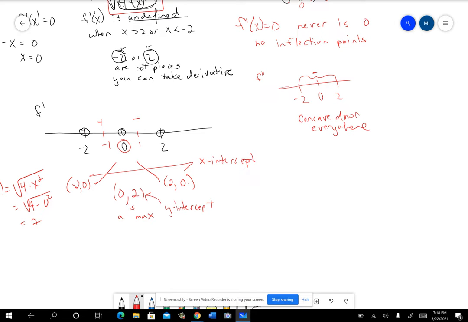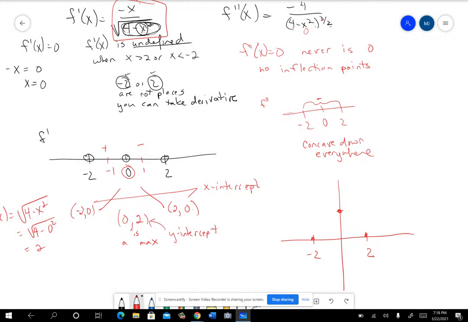We already have them. So basically you might already recognize this one. It's going to have (0, 2), (-2, 0), and (2, 0).